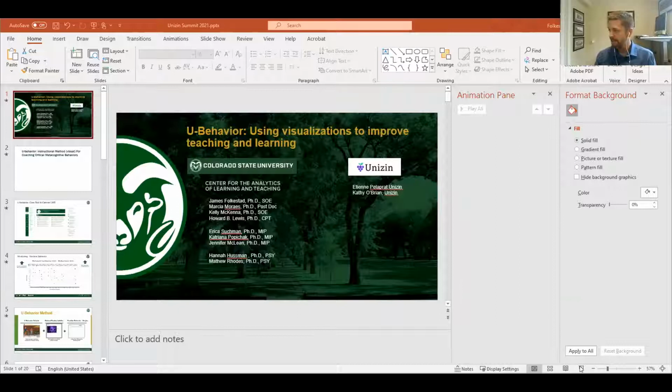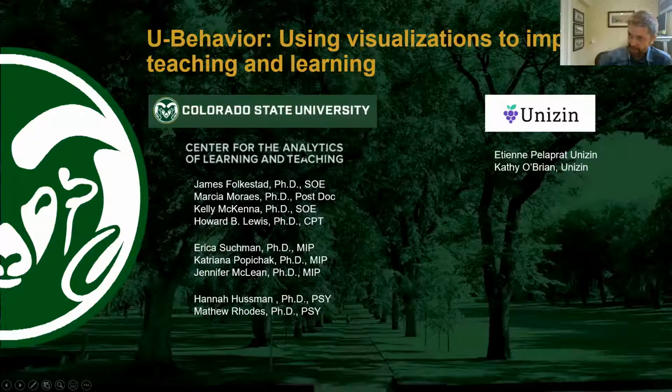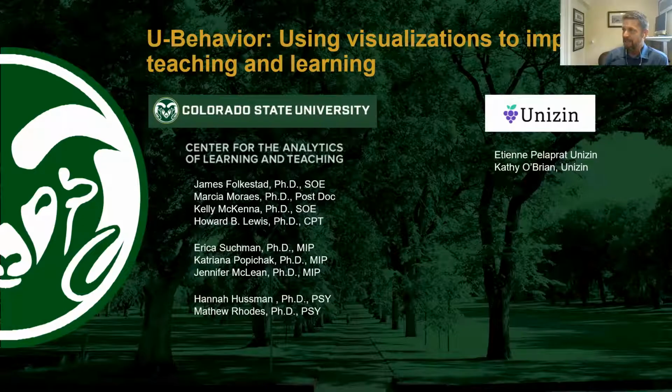Let me go to my full screen here. And I'm assuming everybody's seeing the presentation. We have been working on U behavior, and it's a collaborative project with a number of different folks across Colorado State University, two of which are here.